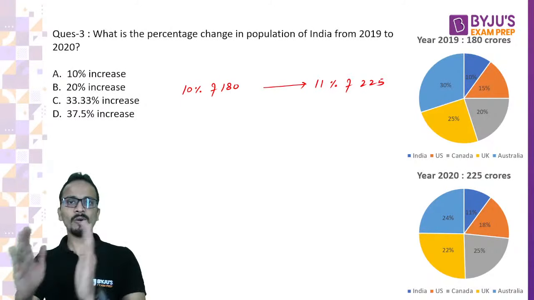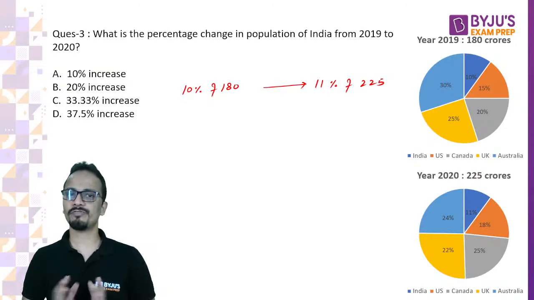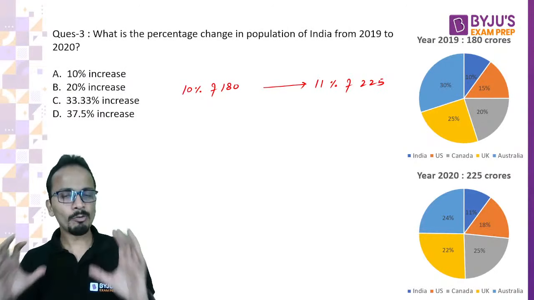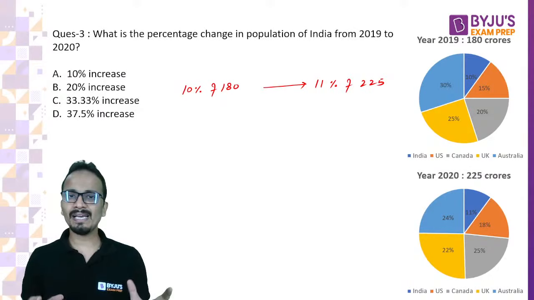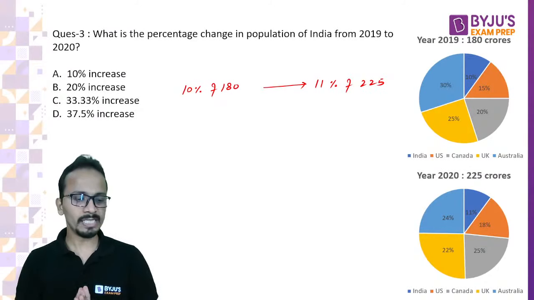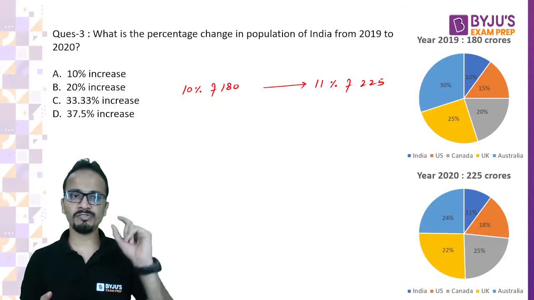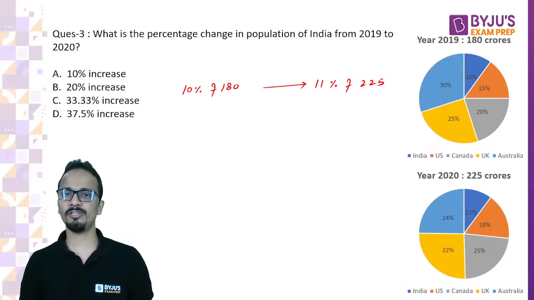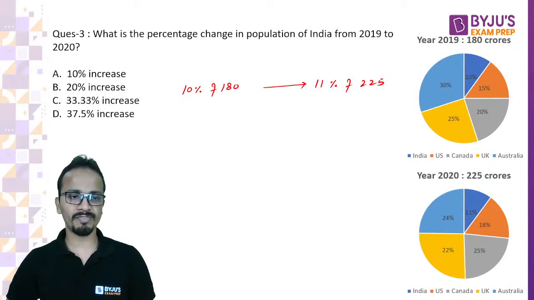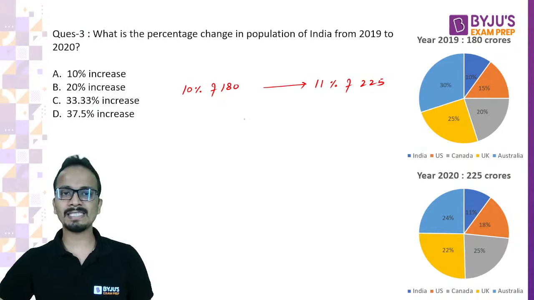Now, before you start calculating these values, try to cancel some common factors between the initial and the final value. So if I cancel some common factors between 180 and 225, I can cancel 5.